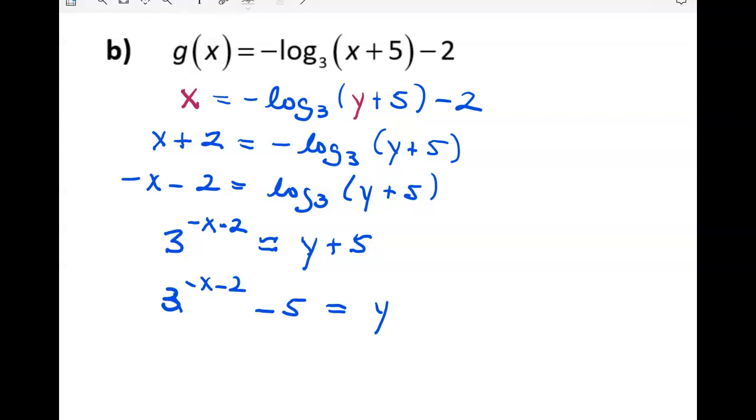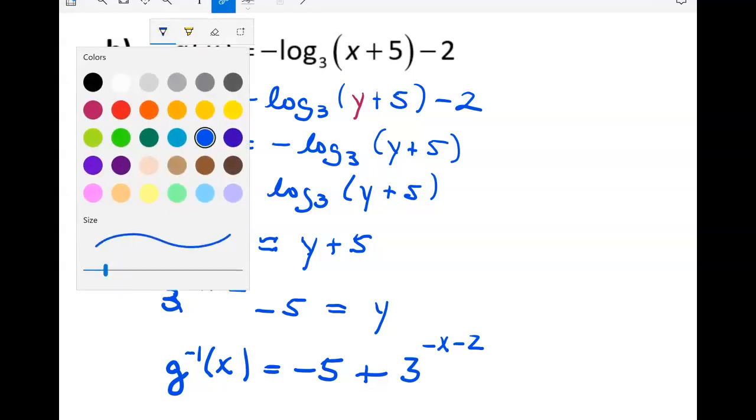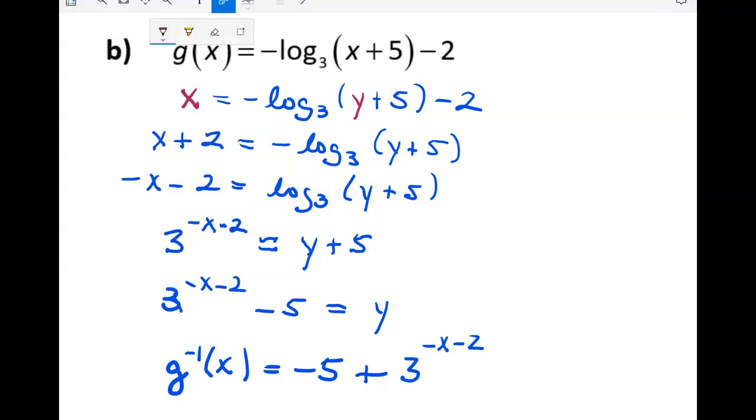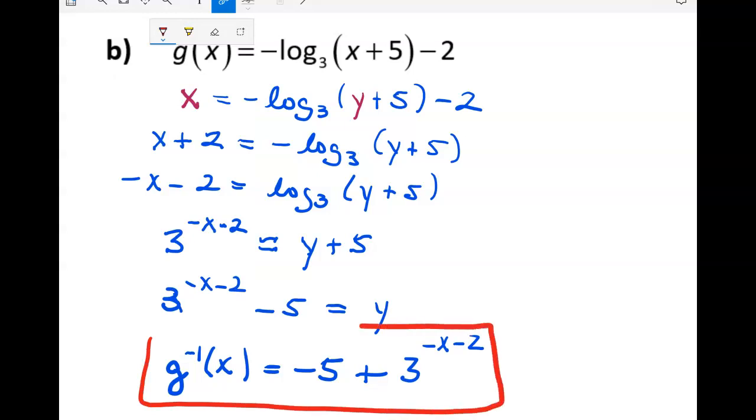You don't have to write it this way, but it will for sure avoid some confusion. So I'm going to write it as g inverse of x is equal to -5 plus 3 to the negative x minus 2. This avoids the confusion as to whether that -5 is actually in the exponent of that exponential function, which it is not.